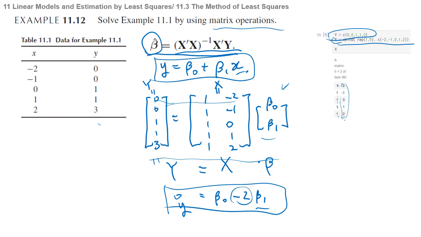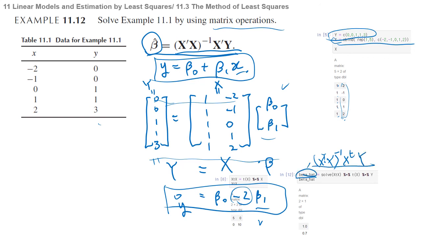So this is our X, and you can calculate X transpose X this way, and also beta hat, which is X transpose X inverse times X transpose y, and this is our beta hat.